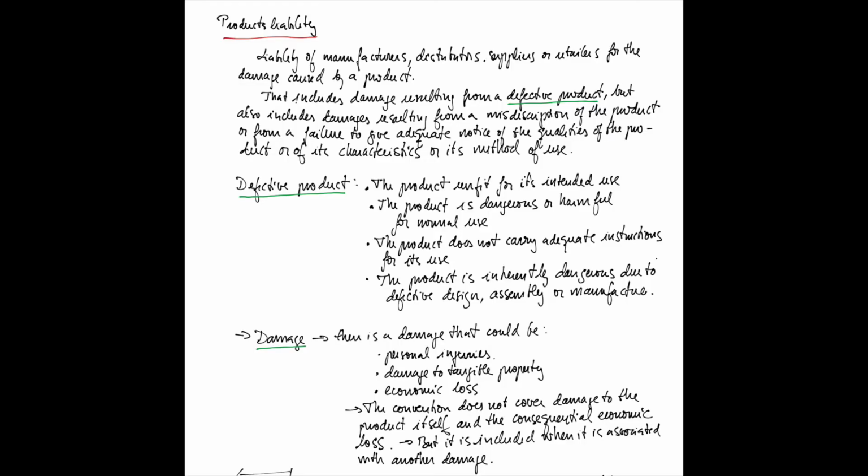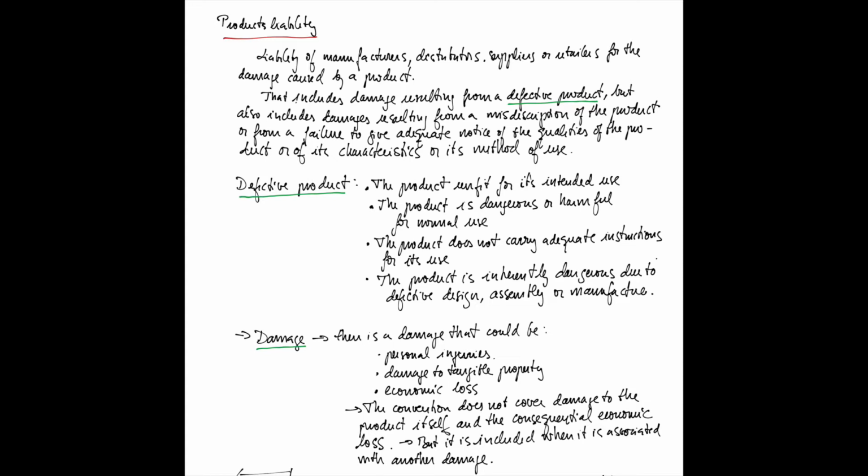Linked to the product, because one area is linked to the defects in the product. When we are dealing with a defective product, the product doesn't work with the use it is intended for, the product is dangerous or harmful, dangerous because of the design, the assembly, or any other aspect of the manufacture of the product.